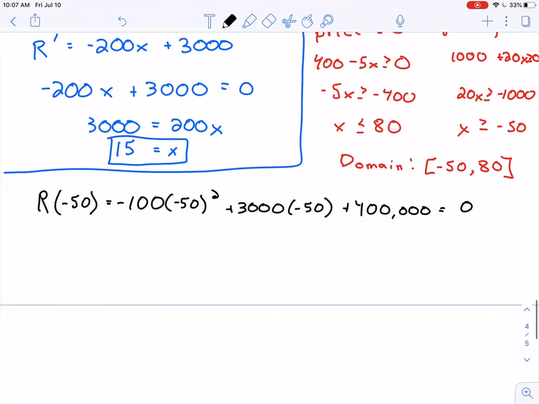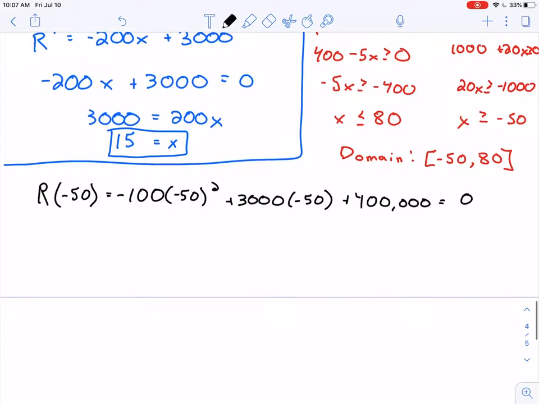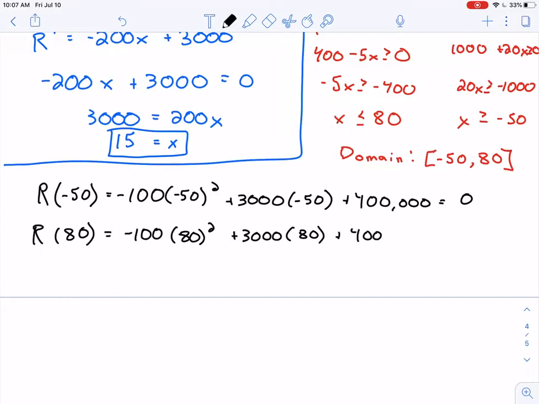Well, that's no good. Let's take our other endpoint, 80. R of 80 is negative 100 times 80 squared plus 3,000 times 80 plus 400,000. Again, I'll crunch those numbers, and once again I will end up with a 0.